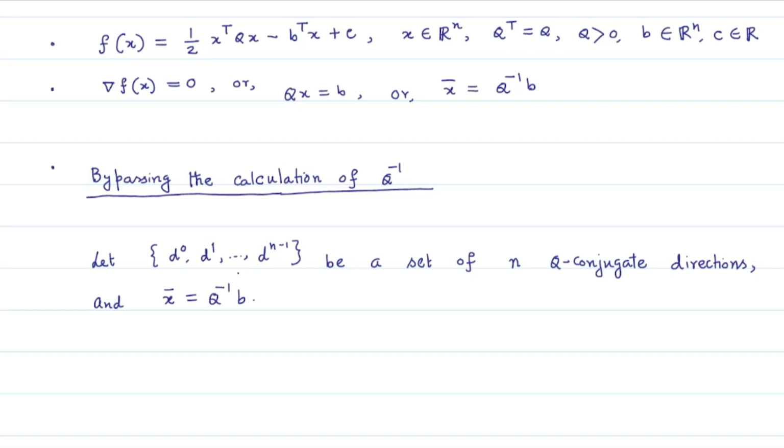We here note that this set of n vectors is a set of linearly independent vectors, and therefore the vector x bar can be expressed as a linear combination of these n many vectors.